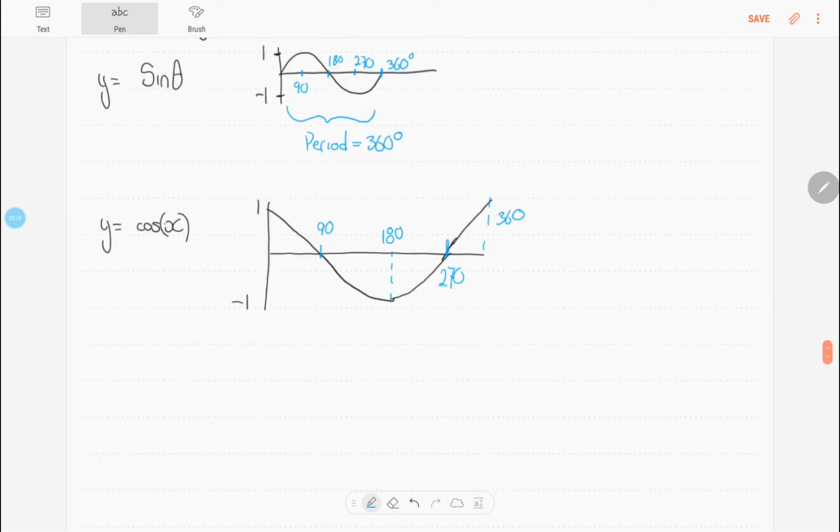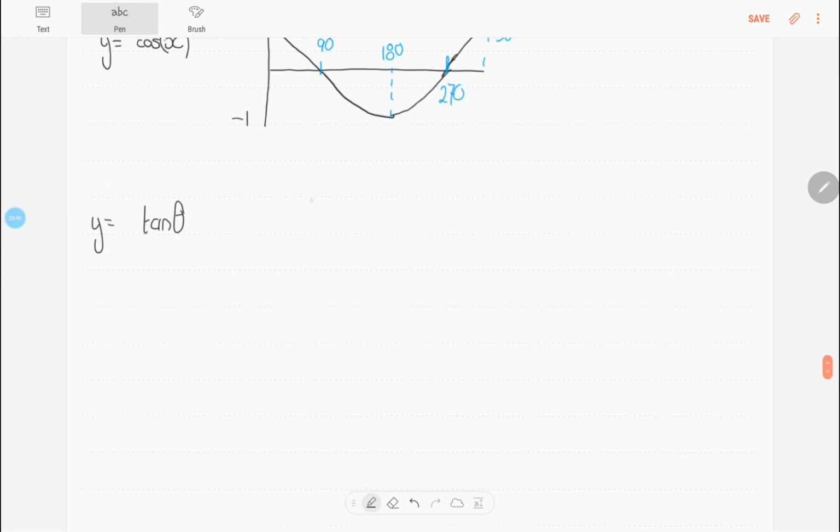Finally we're going to have our tan graph. First, a little hint for practice: when you're drawing these graphs, I recommend first dividing your axes up into your 4 quadrants, so you get your spacing.